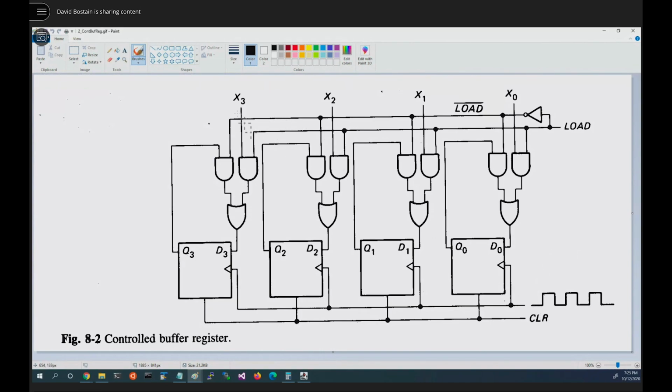Let's just note some obvious points here. Let me grab a pencil. One of the obvious things is we have an asynchronous clear available to us.